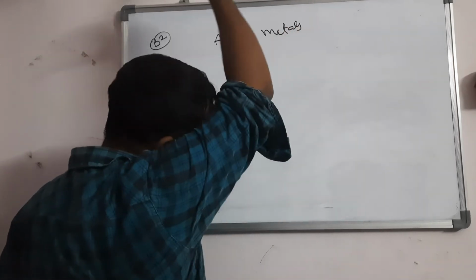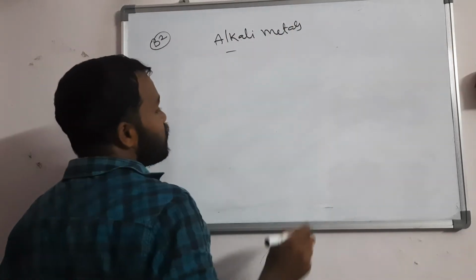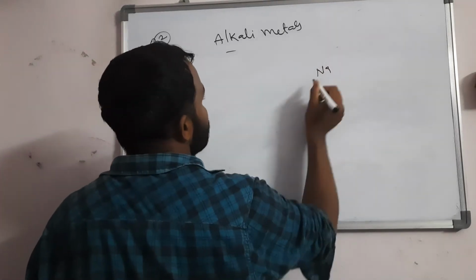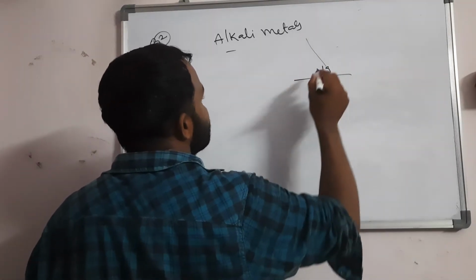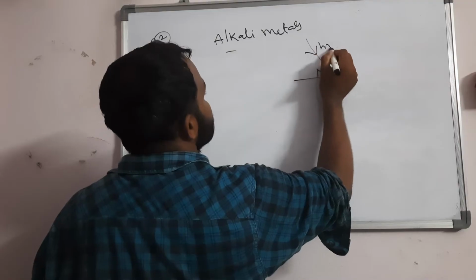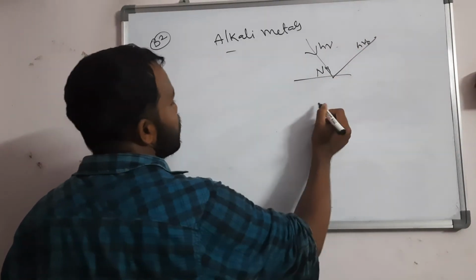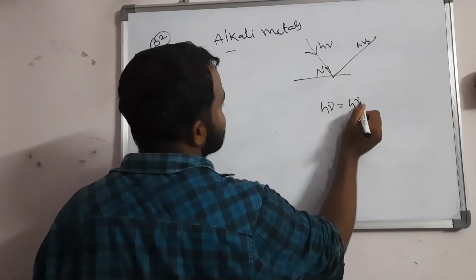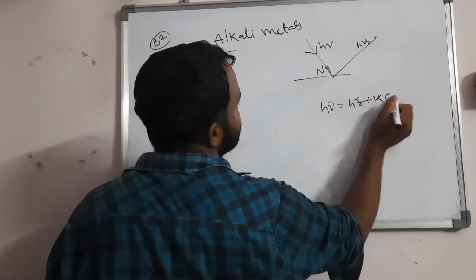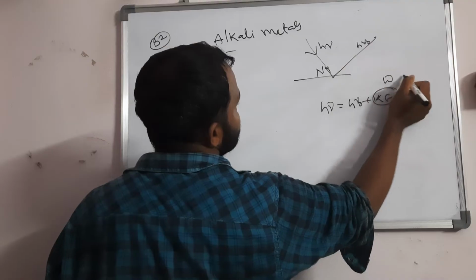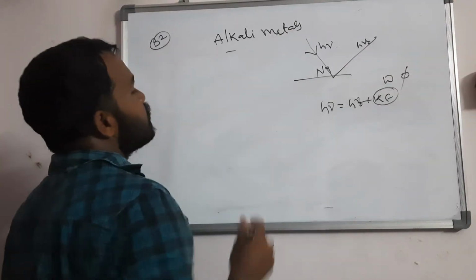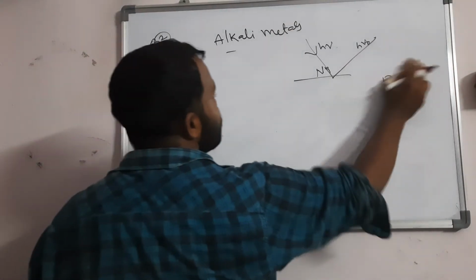For example, sodium is a metal. Whenever light hν falls on this, it ejects an electron. We write hν equals hν0 plus Ke. This is called the photoelectric effect. hν0 is also called the work function, which is nothing but phi. So alkali metals are the best example for the photoelectric effect.